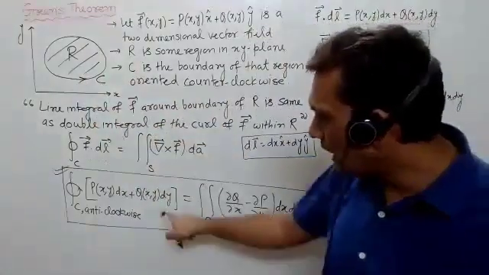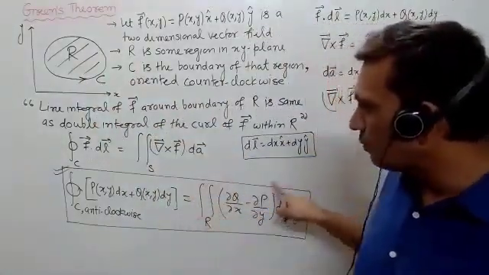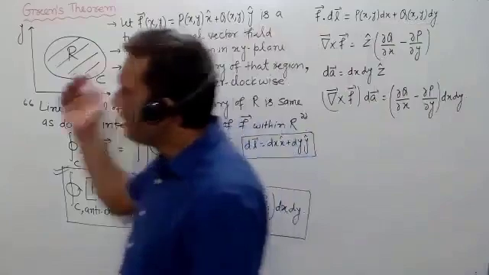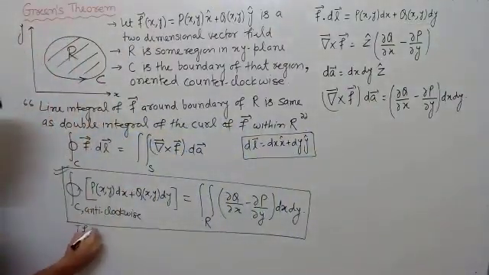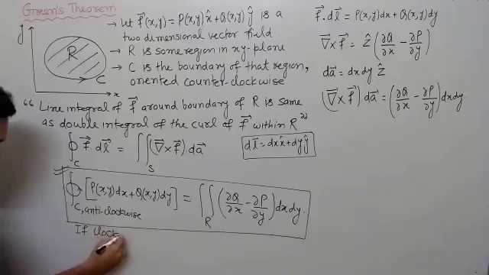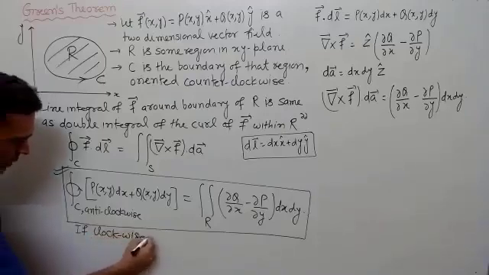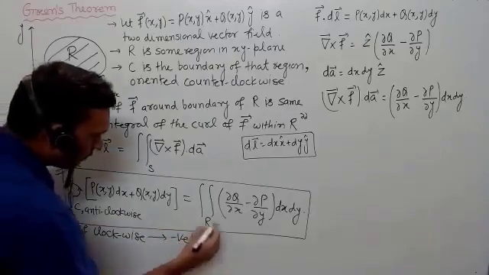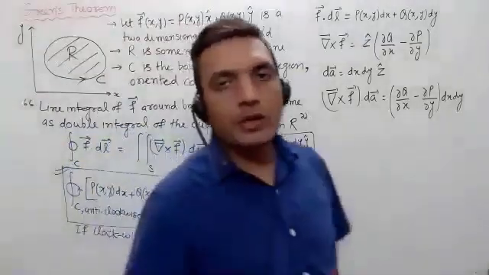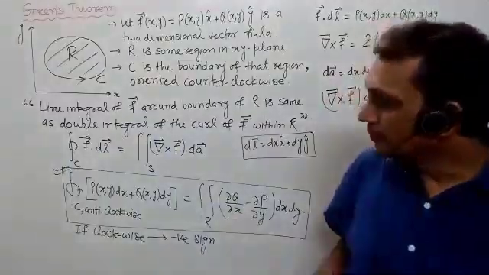In the anti-clockwise direction, you take the positive sign. But if the direction is clockwise, then you will get a negative sign. So that is the statement of Green's theorem.